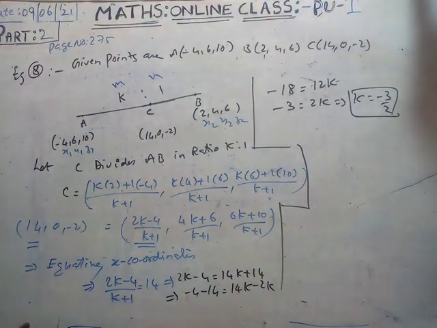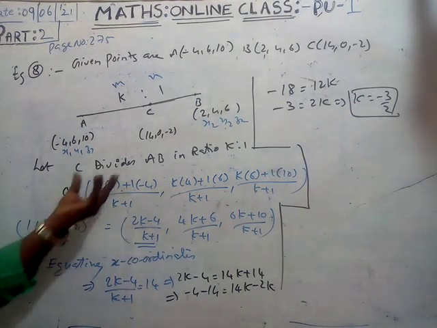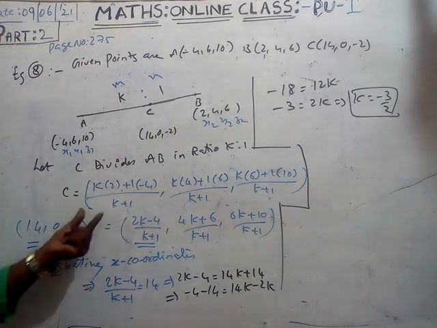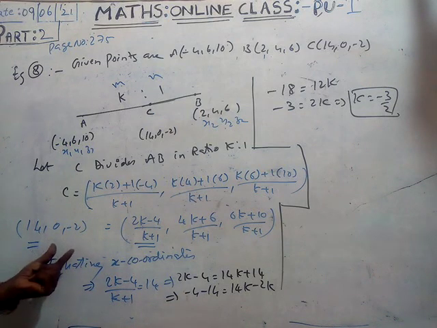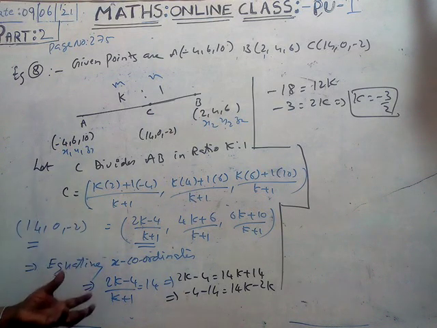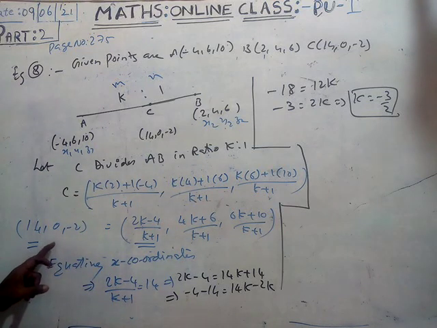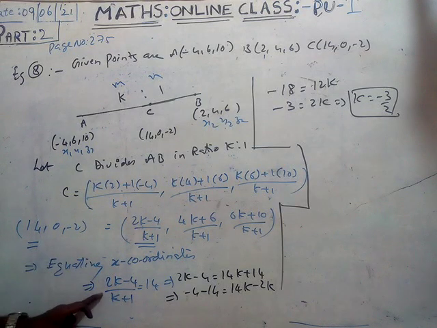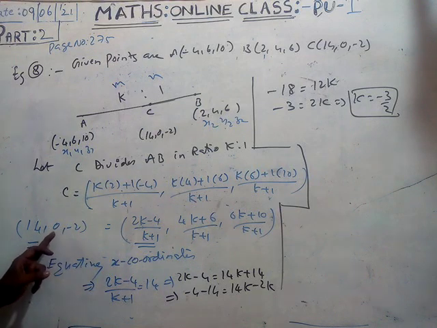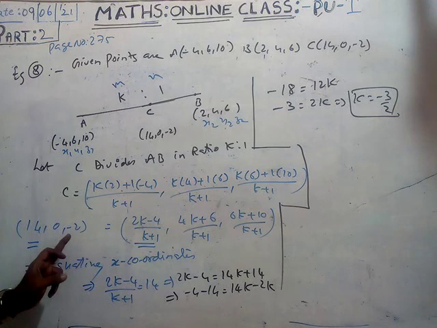So that k value is obtained by equating x coordinates in this equation. But how can we say C is also lying on that line? The k value obtained by the x coordinate, we will check out in this equation also. This is important. We will check out in the other equations also.